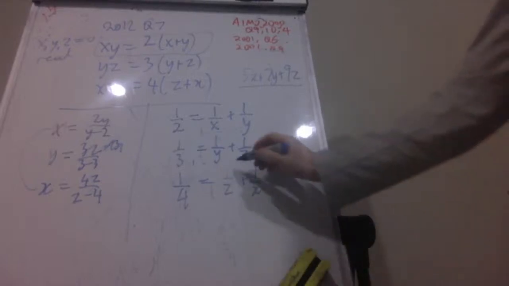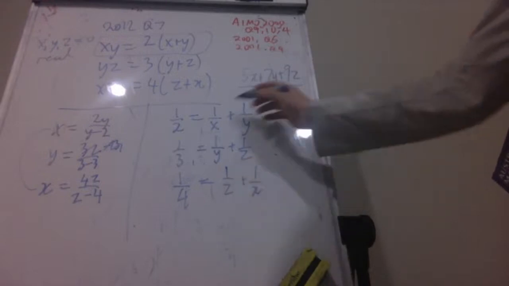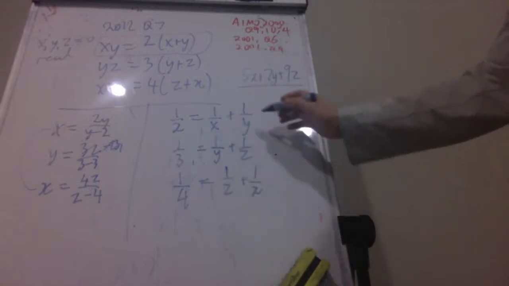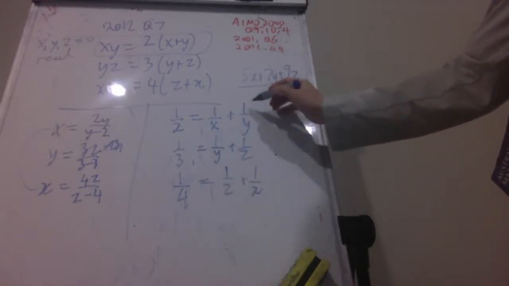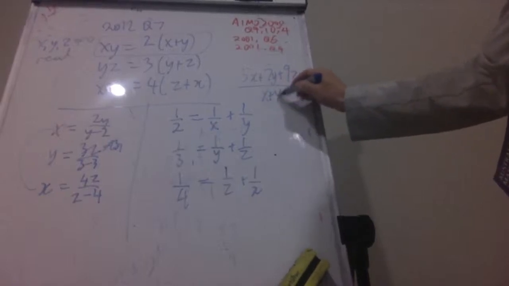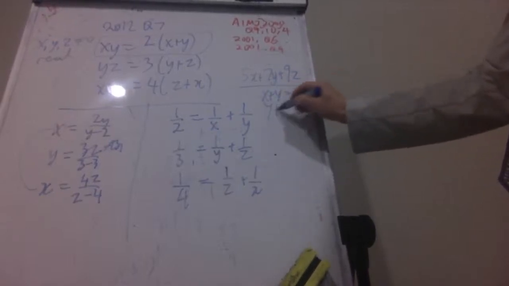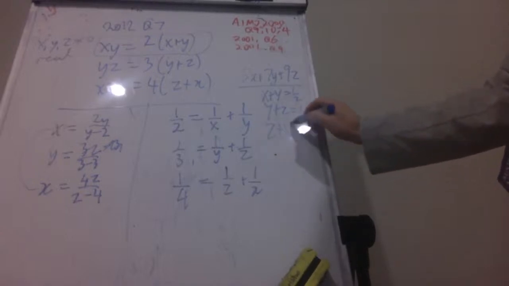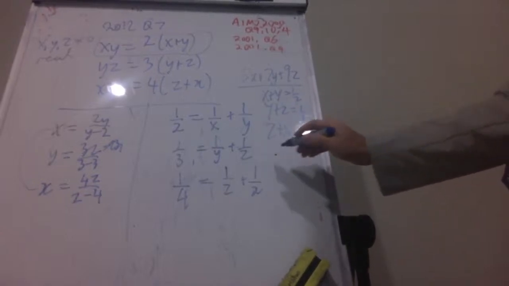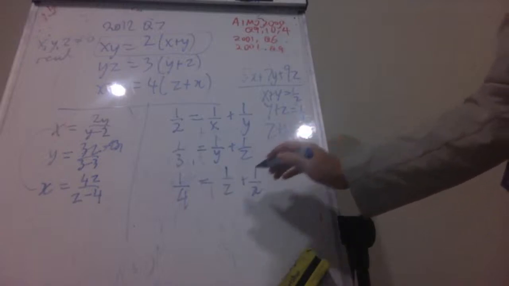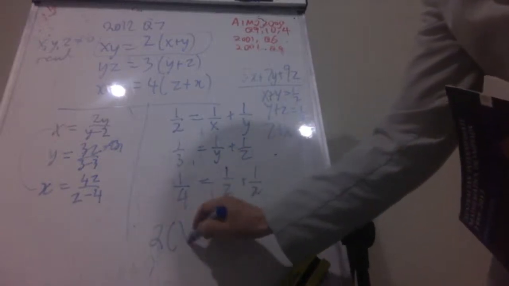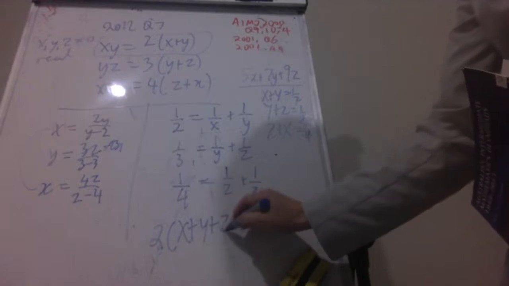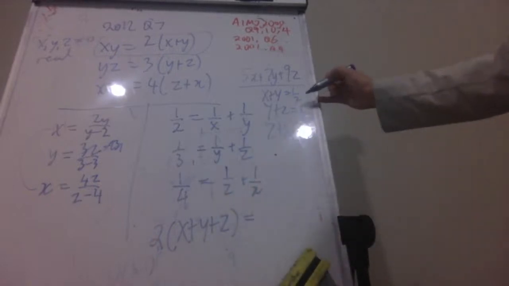And I think the reason why this is interesting is that it looks much more standard and easy to solve, because you've really got just x plus y equals a half, y plus z equals a third, and z plus x equals a quarter. And as you say, you can just add them all. So if you add them all, you get 2x plus 2y plus 2z equals a third plus a half plus a quarter.